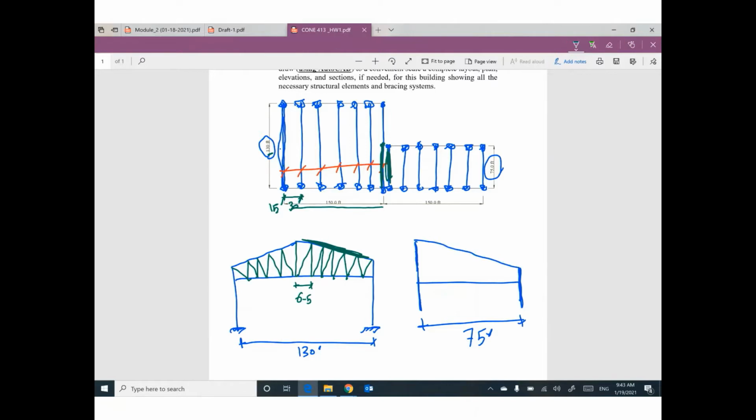So this one will be parallel to this one. And then you can divide it into intervals and diagonals, like this, and fix it. Whatever the shape of the truss, I don't care. It's up to you. But to cover this area, your plan must look like this. We should have two trusses because we have two different shapes of area.